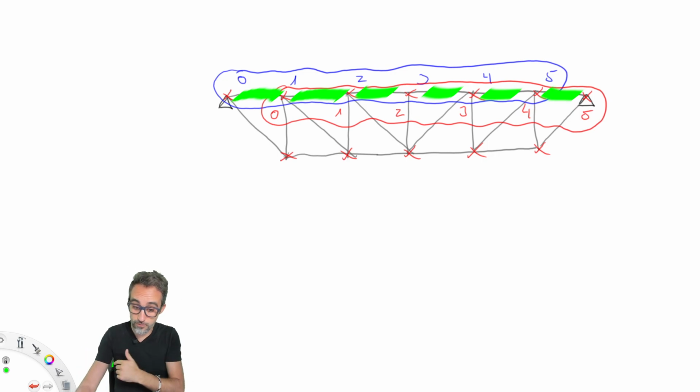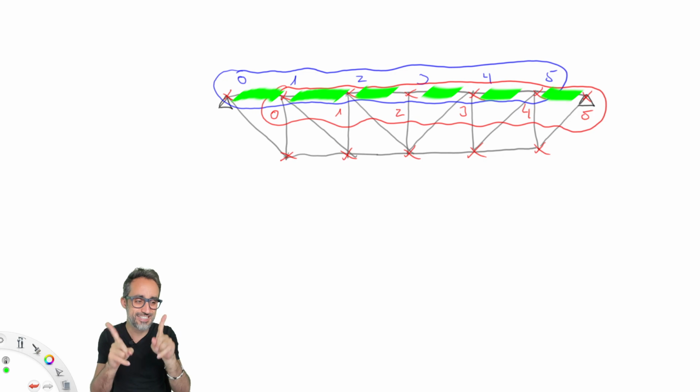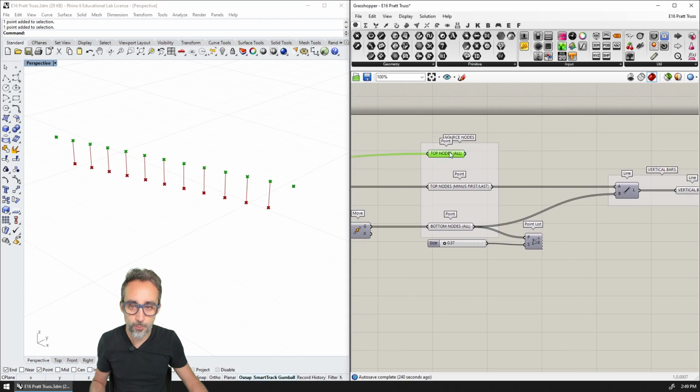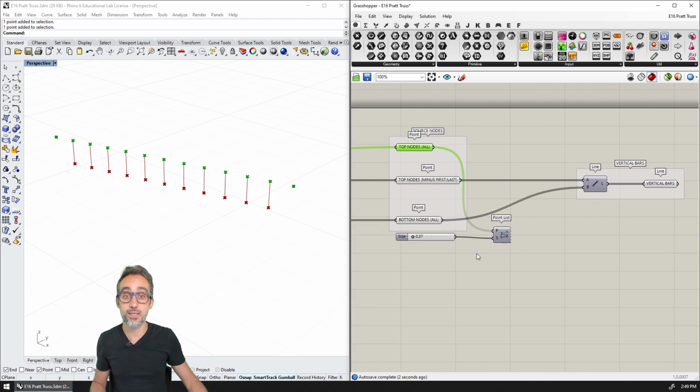We saw that on the previous video, and the way we're going to do this in this video is slightly different, because what we did in the last one is that we took a subset. We took all the top nodes, and then we created sublists by splitting the list, starting with the first element and starting with the last element.